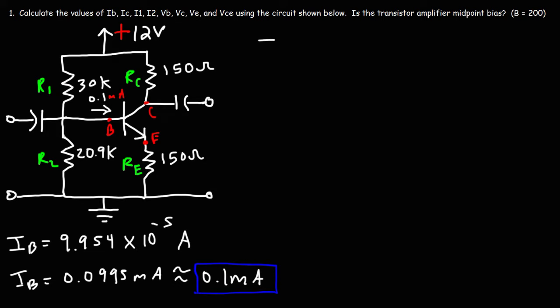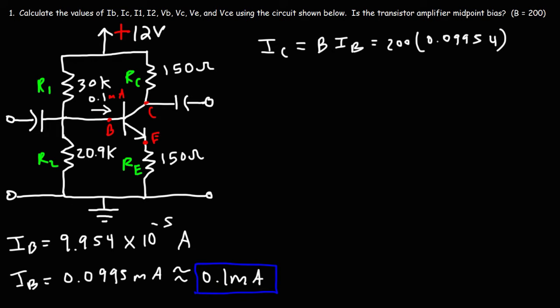Now our next step is to calculate the collector current. The collector current is equal to beta times the base current. So beta is 200, and let's use the base current of 0.0995, well, technically 0.09954 milliamps.